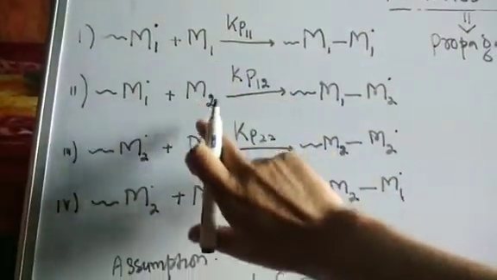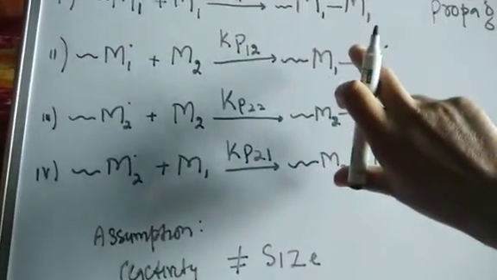Now we know that these monomers, whether it is M1 or M2, they are consumed in these 4 steps. Okay?